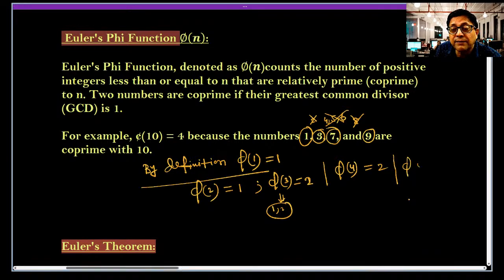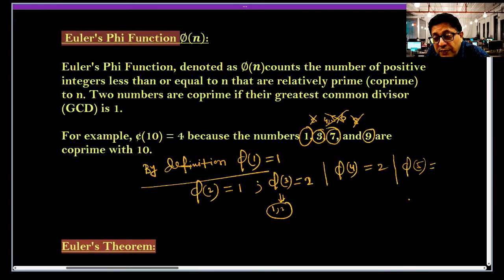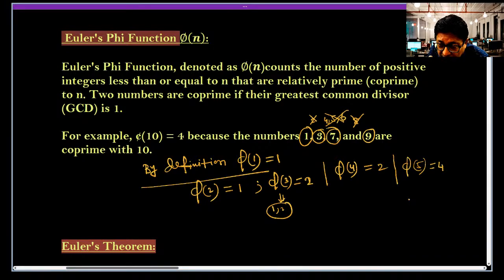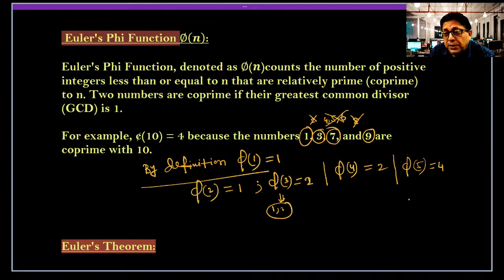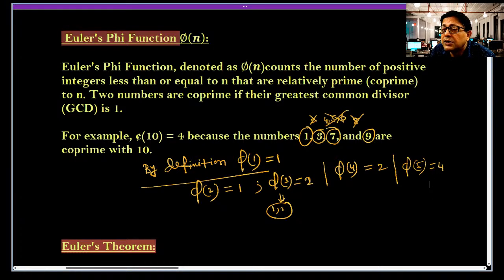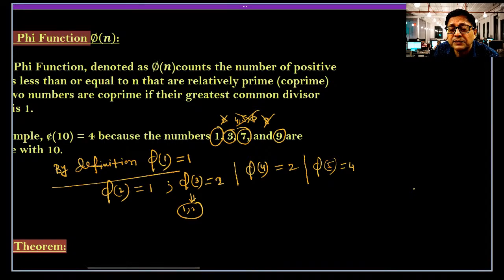What about phi 5? How many numbers are there? If you count, it will be 1, 2, 3 and 4. All numbers less than 5. So phi 5, the number of numbers less than 5 and prime to 5, is equal to 4. If you go to phi 6, then it is going to be different. Isn't it? Phi 6, how many?